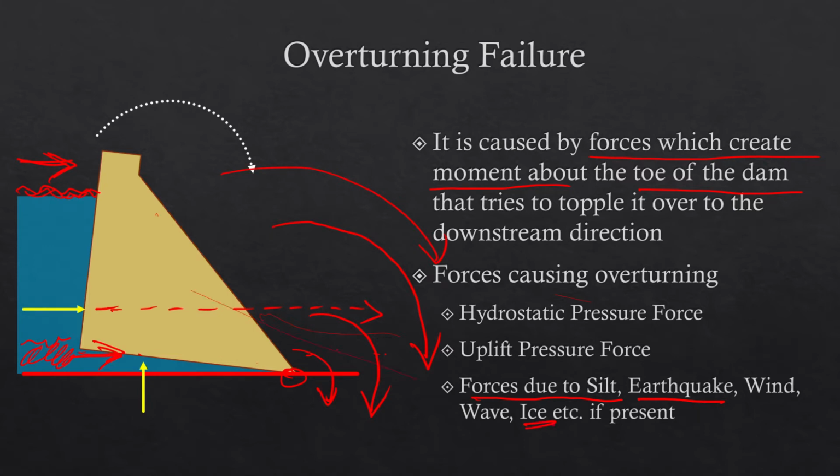Then ice: the force due to ice may be either due to impact of ice blocks on the dam or due to formation of ice sheets by freezing of the water surface, which will try to expand the water surface and that will exert a push on the dam. So all these forces will be causing the overturning about this toe point.